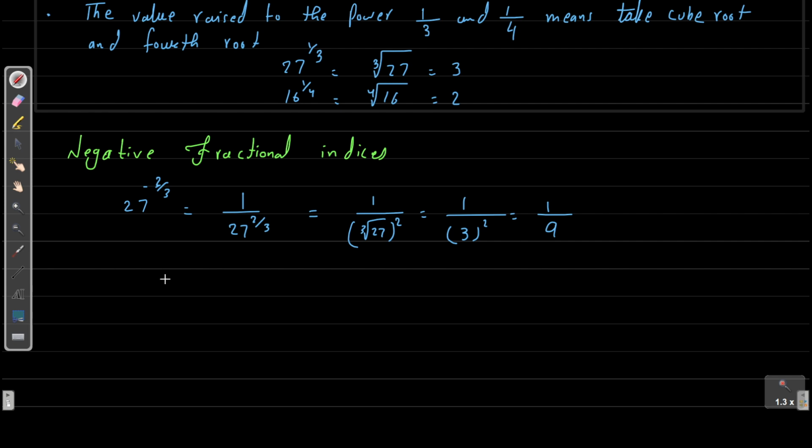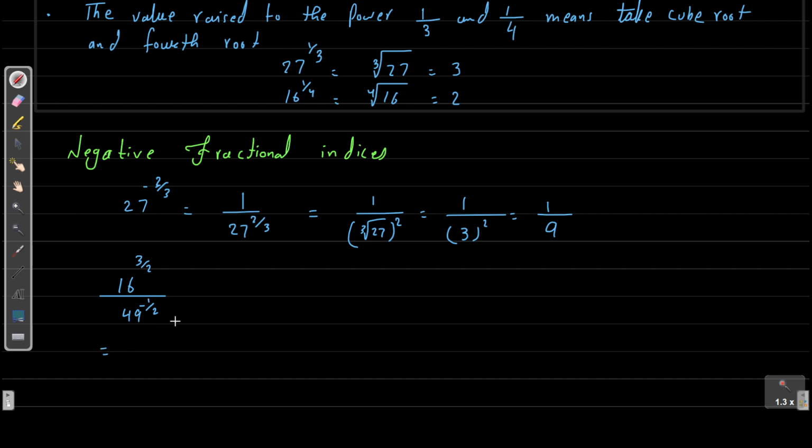That's how we can convert any negative fractional indices into positive ones. Then we can do the same process as before. I'm going to take one more example: 16 to the power 3 by 2 divided by 49 to the power minus 1 by 2. In the numerator we have a positive fractional index, and in the denominator we have a negative fractional index.